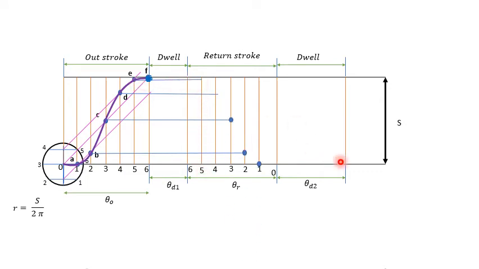So these are the corresponding cutting points, especially for the return stroke. Then we name these as A, B, C, D, E, F. Using a smooth curve we join these cutting points. So this is the displacement profile. Using these cutting points, we can easily draw the cam profile.